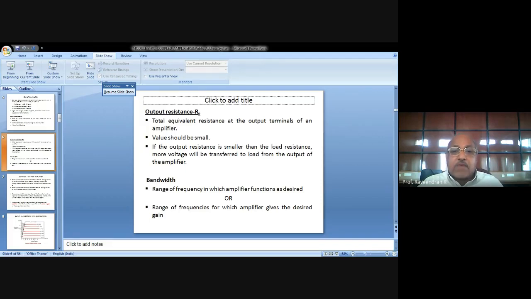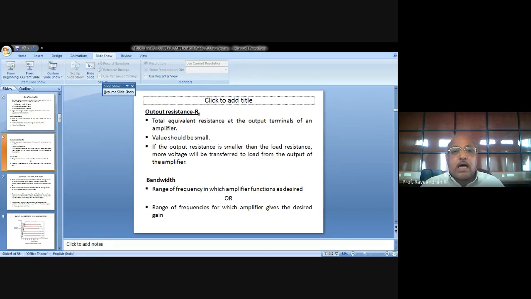And here R1 and R2 are the biasing network. R1 and R2 are chosen in such a manner that R2 will develop a voltage. R2 is the resistance connected across the base emitter junction, and the voltage dropped across the resistor R2 is the voltage applied between the base and emitter junction of the transistor, right?